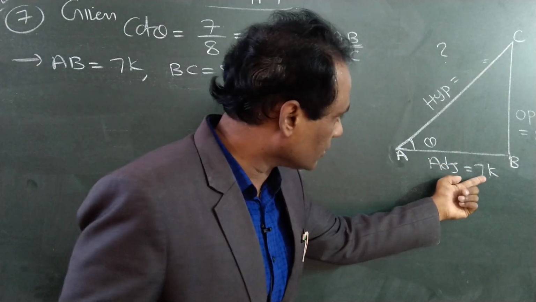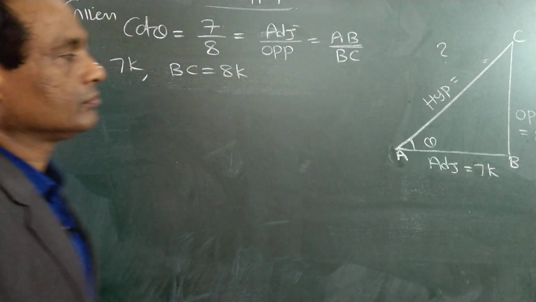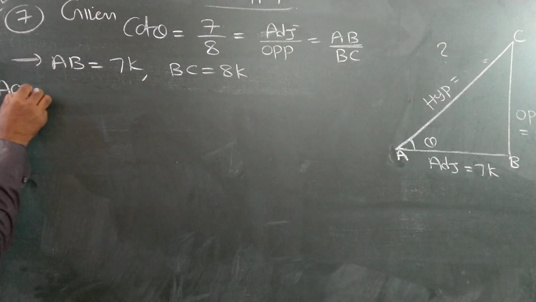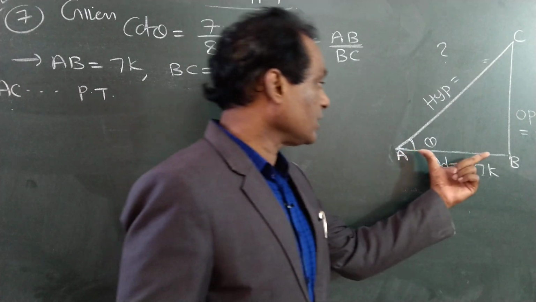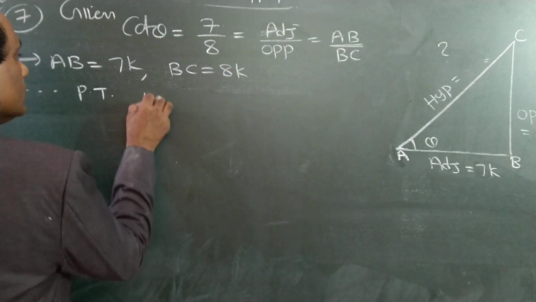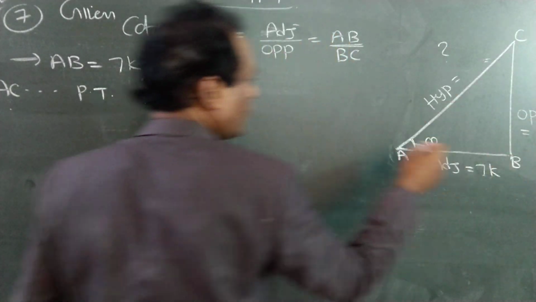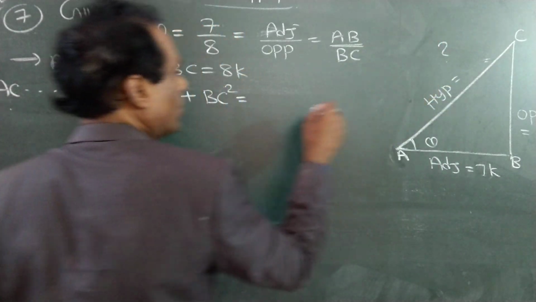Adjacent is 7, opposite is 8. What is the hypotenuse? According to the Pythagoras theorem, AB square plus BC square is equal to hypotenuse square.